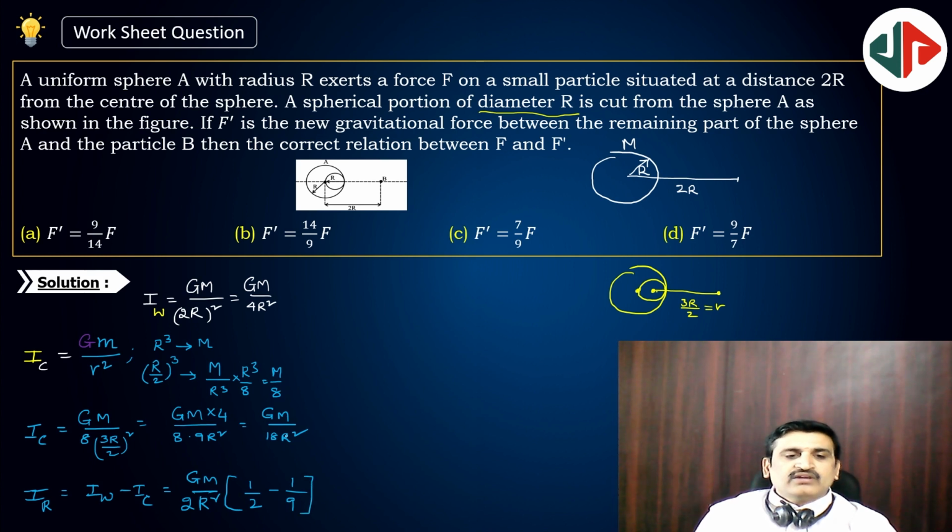So the remaining portion's field is how much? 9 minus 2, 7 by 18. Okay, 7 by 18. I'll write here, remaining portion. The remaining portion's gravitational field is Gm into 7 by 9 2s are 18, 2s are 36 r square.